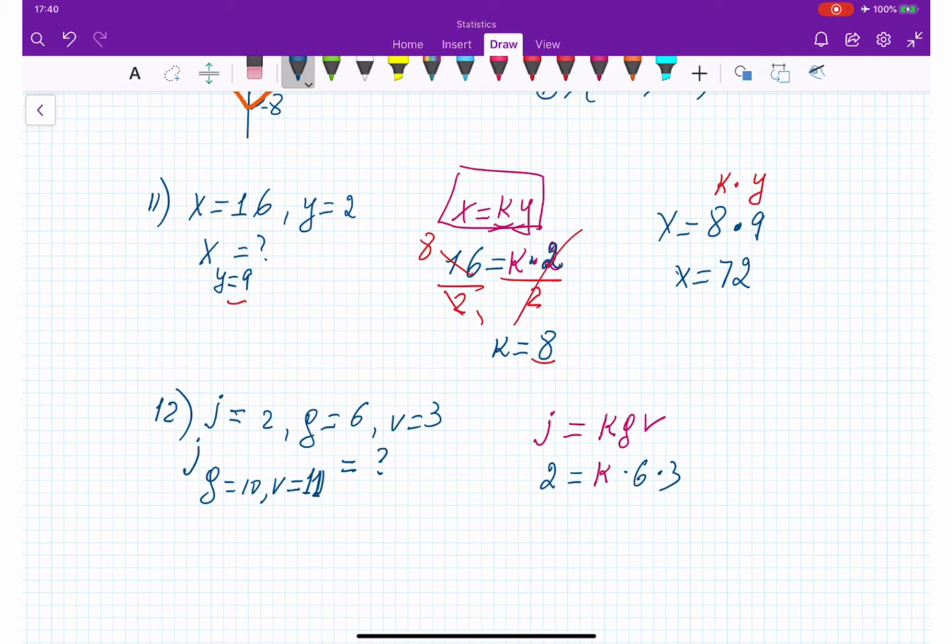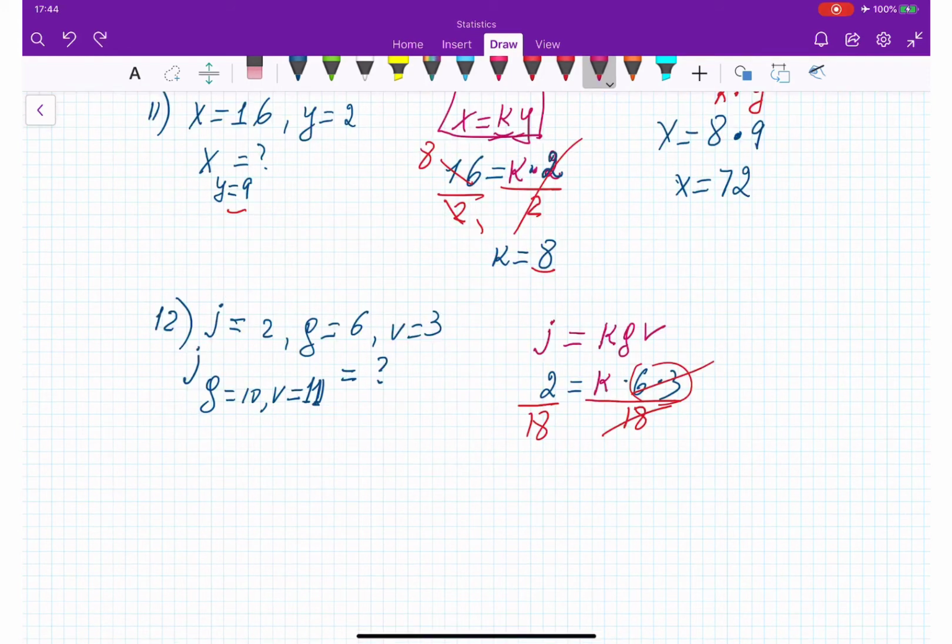So to find K, what do we have to do? I'm going to divide by 18, because 6 times 3 is 18. So 2 over 18 is 1 over 9. So we get K is equal to 1 over 9.